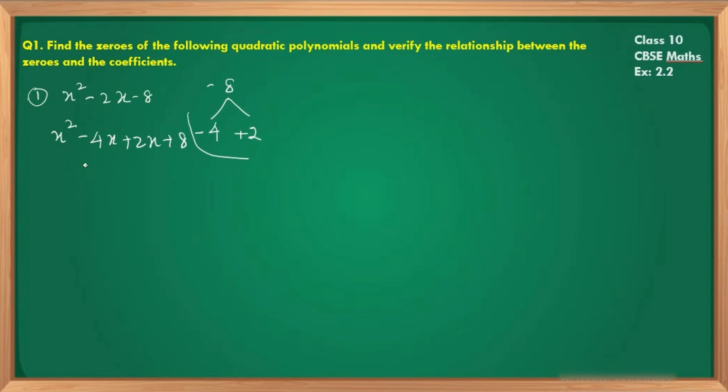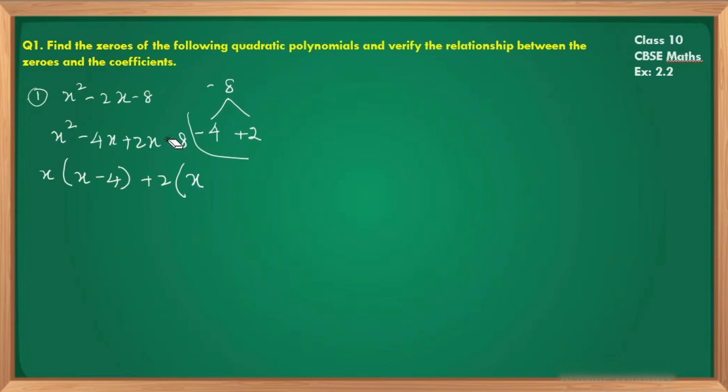Now we can put the common factors. X is a common factor for the first and second term. The balance is x minus 4. Now we move on to the third and fourth terms. Here we have plus 2 as a common factor. Balance is x.